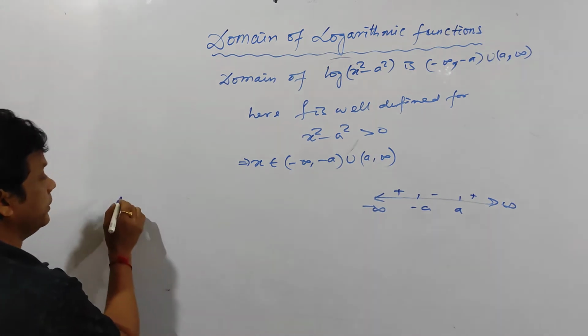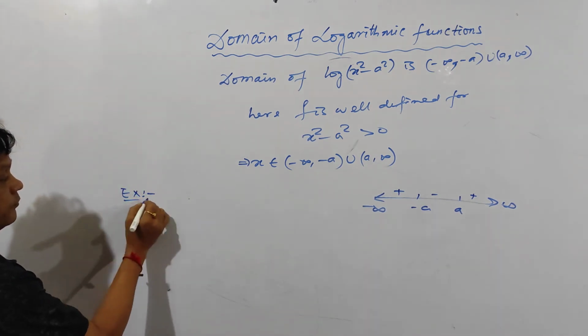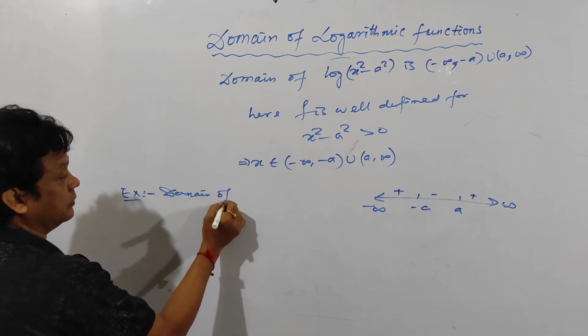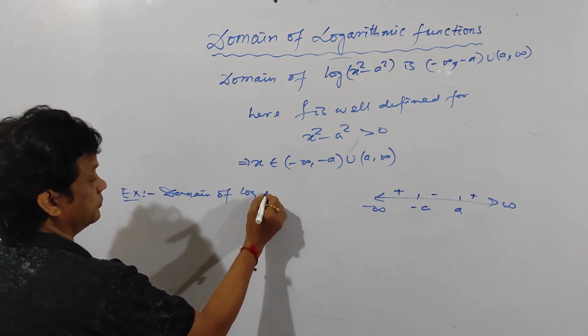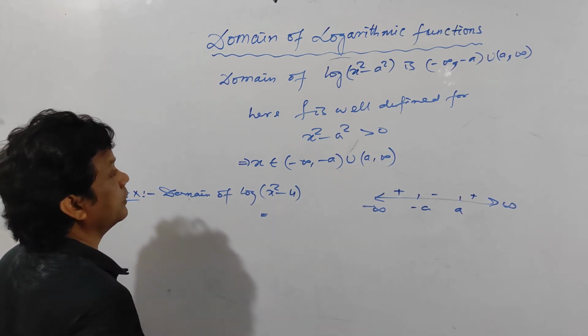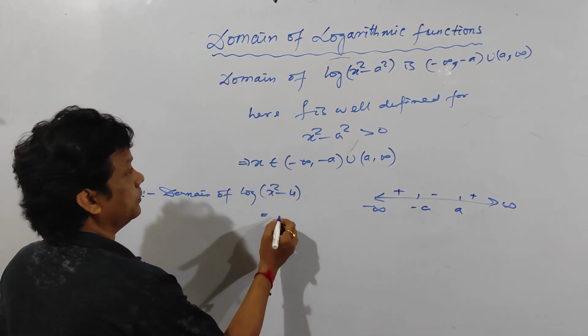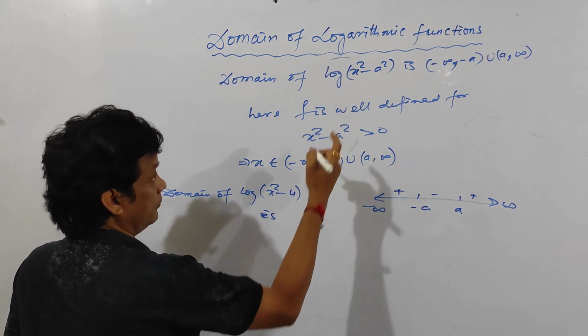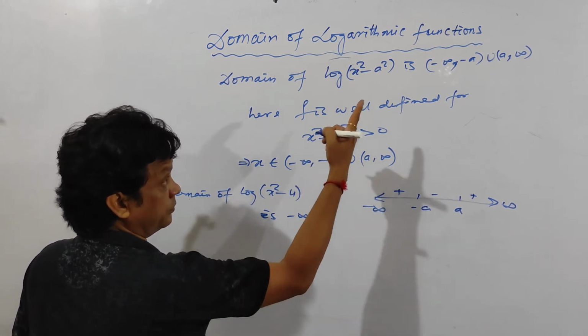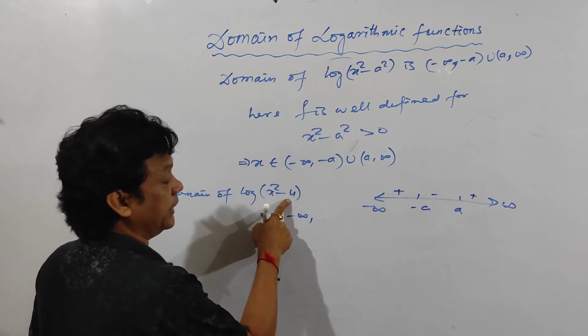Clear? So I am giving some examples. What is the domain of log of x square minus 4? Minus infinity to minus 2, union 2 to infinity. Here a is 2.